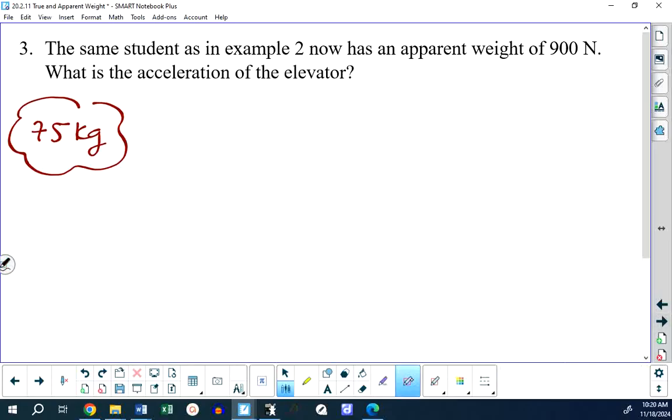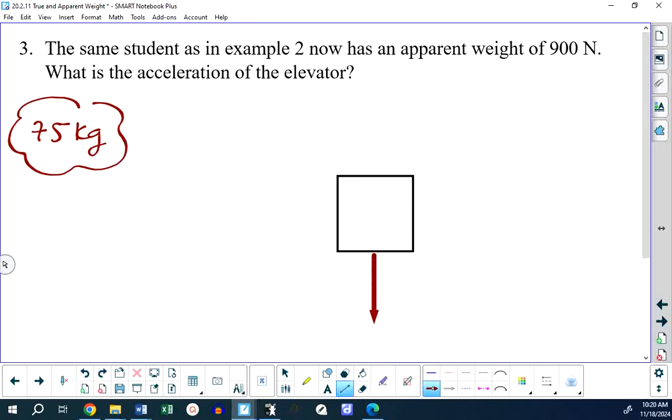The diagram, if you want to show completeness in your notes, would look like this. You would have that force down of mg and the force upward of the apparent weight. This we've already calculated. Oh man, is it 735.75?